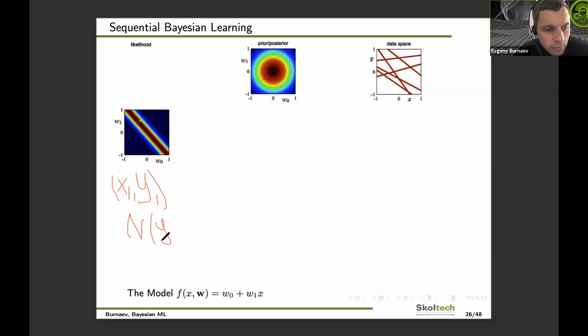This likelihood is given by the Gaussian distribution with the mean value equal to W transpose multiplied by (x1, 1), and the variance.